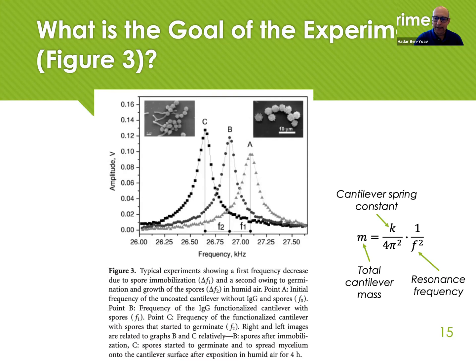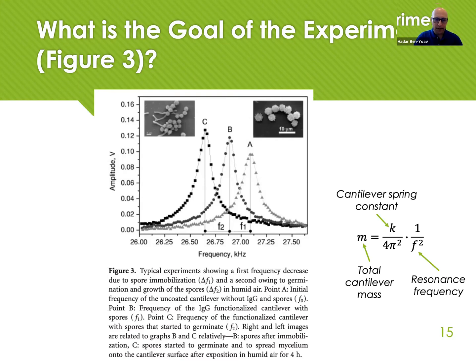And if the mass is very, very low, so very small changes with the amount of spores that bind, the frequency will be very high. So if we put on some small mass, the change in the frequency won't be very big.